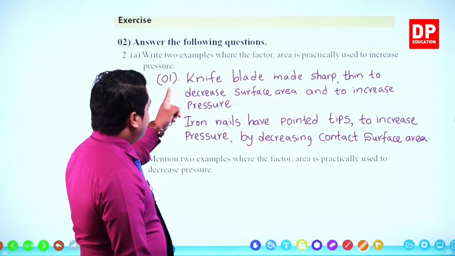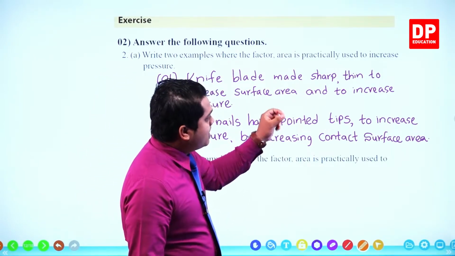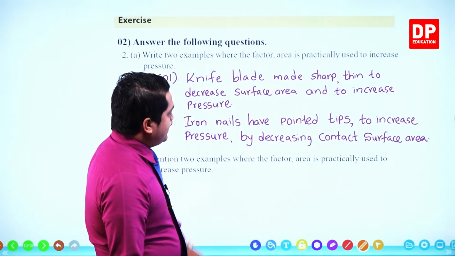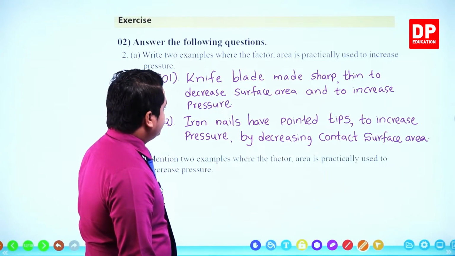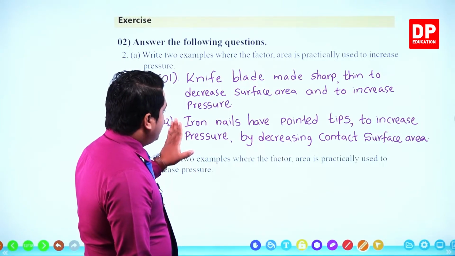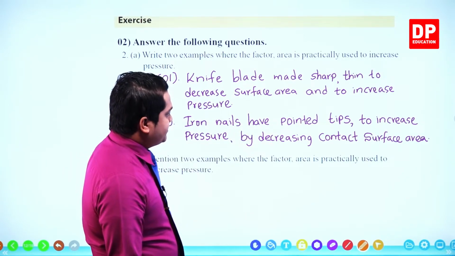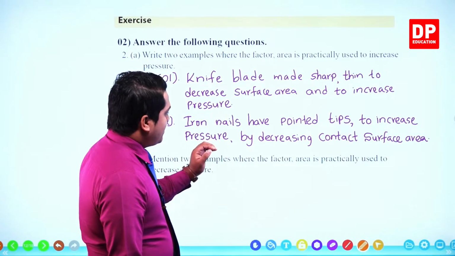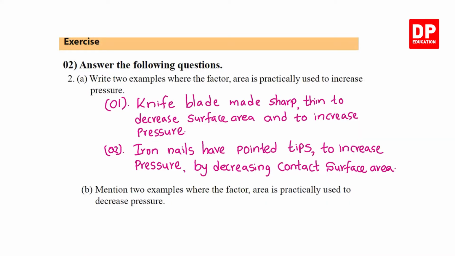So number 1, my dear children, knife blade made sharp, thin to decrease surface area and to increase pressure. Then the second one, iron nails have pointed tips to increase pressure by decreasing contact surface area.